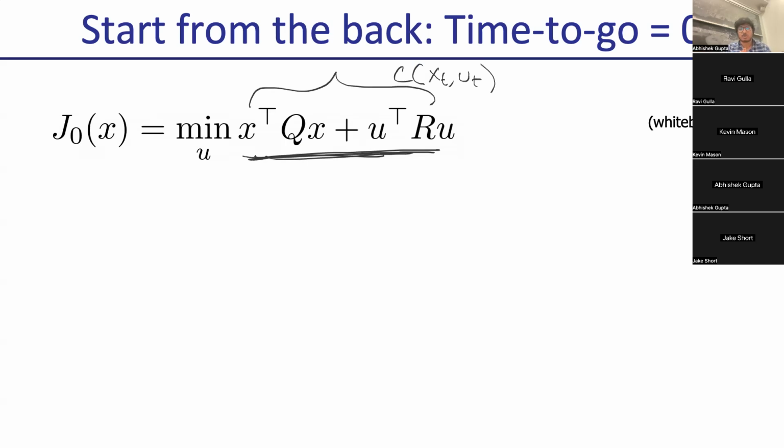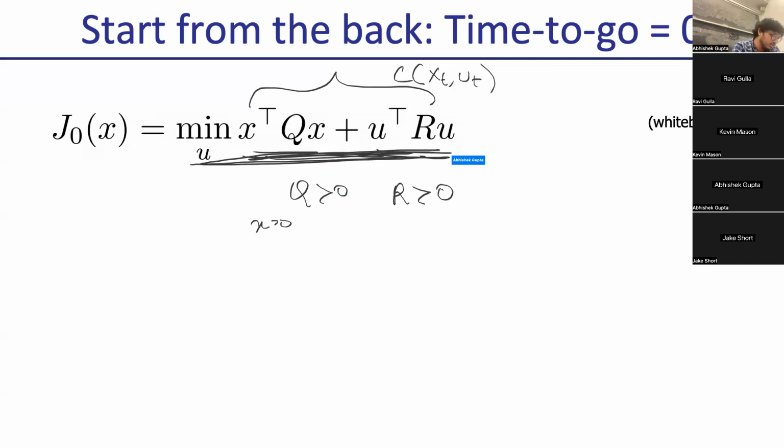Now, if this is your J naught, what is the solution to this problem? We've said that Q is positive definite, and R is positive definite. This thing is only equal to 0 if X is equal to 0.